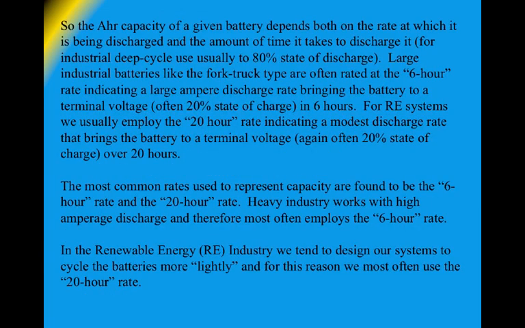So as we said, the amp hour capacity of the battery is going to be based both on the rate it's being discharged and the amount of time it takes to discharge it. Now, battery manufacturers are usually using an 80% depth of discharge in their calculations of the battery's capacity for industrial usage.